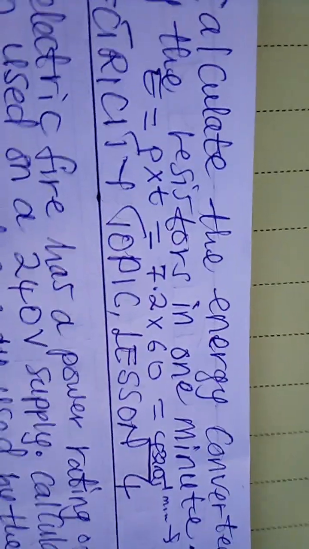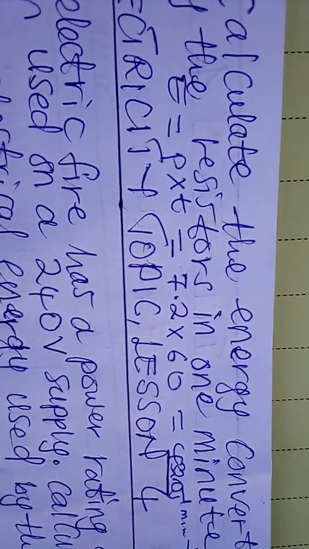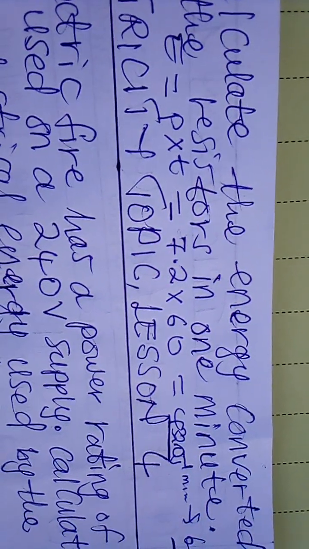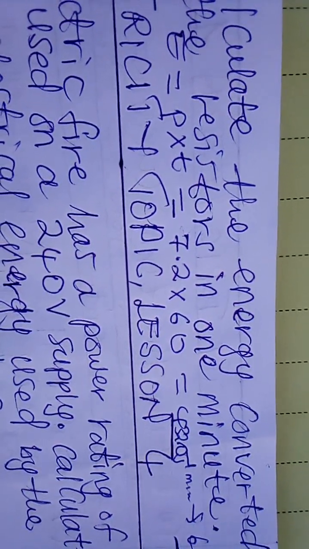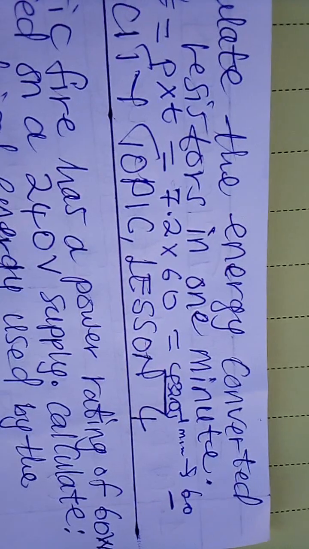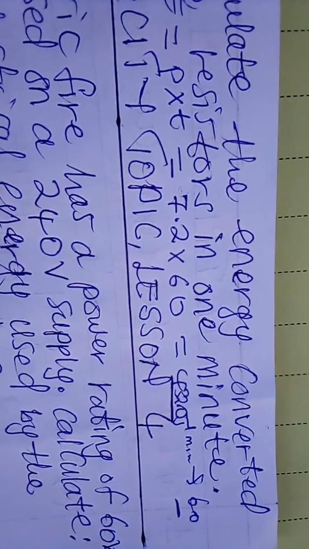The formula was energy is equal to power times time, which is 7.2 times 60 seconds, because we were given 1 minute, so we converted 1 minute to seconds. So the final answer is 432.0 joules. Thank you very much. See you in the next question.